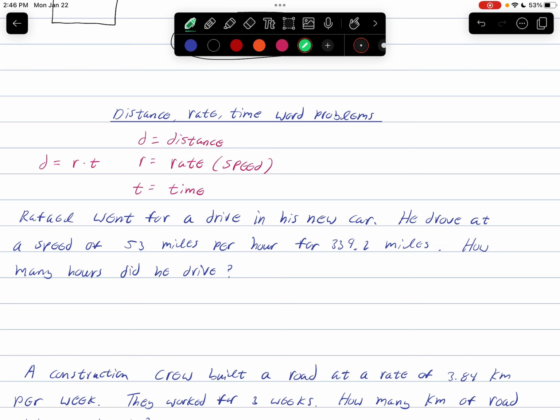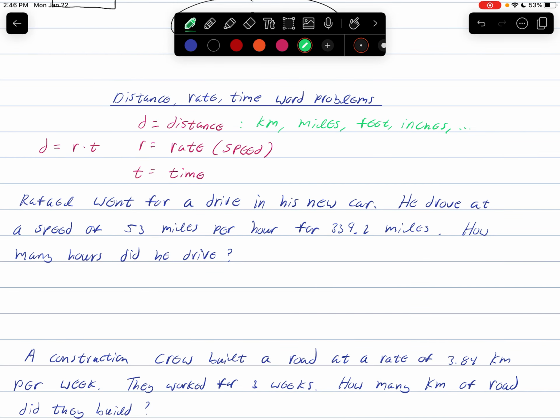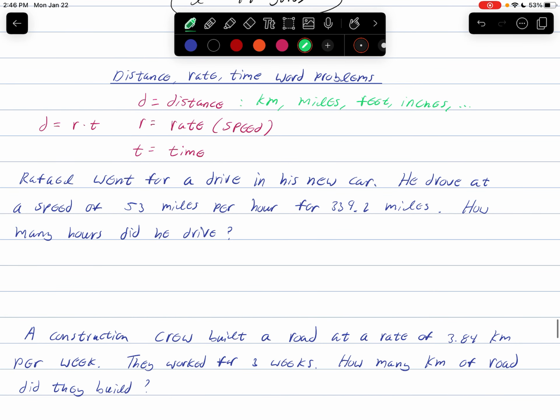Okay, so we often see distance measured in kilometers, miles, feet, inches, etc. Some unit of measurement for how long something is. And we oftentimes see rate measured in miles per hour, mph, kilometers per hour.